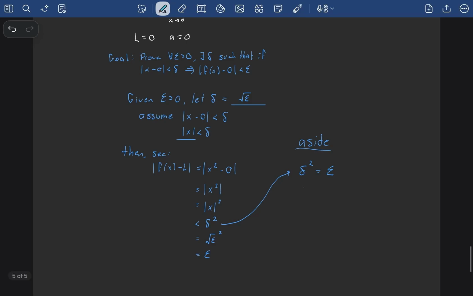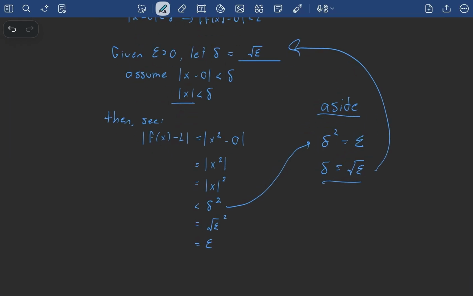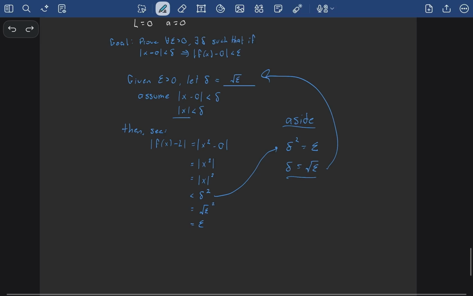You know that this wants to be true, so now you can just isolate delta. But now we have that the absolute value of f of x minus L is less than epsilon, and so we've proven the limit. So we're done.